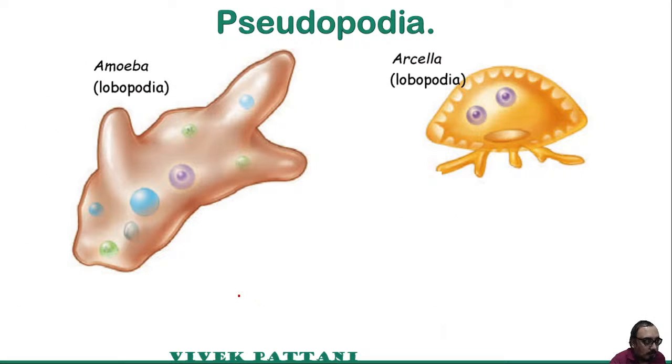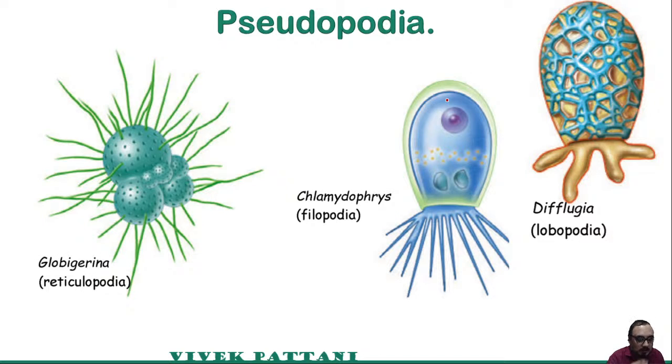Now some examples of different types of pseudopodia. For example, lobopodia. The diagram given here is of Amoeba and Arcella. Next, a few more examples of pseudopodia, in which three different types are given here: reticulopodia, filopodia, and lobopodia.